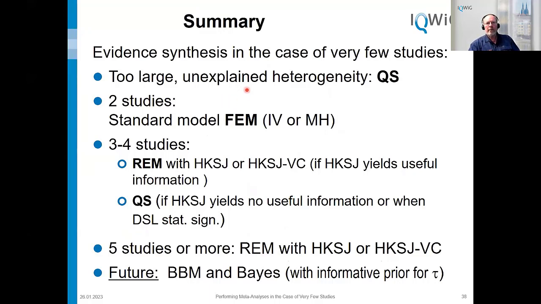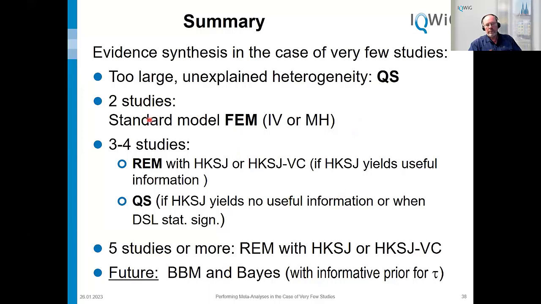Evidence synthesis in the case of very few studies is problematic. In any case, if there's too large unexplained heterogeneity, you have to perform a qualitative summary of study results. This is the same also when you have many studies. But if you have only few studies, you have additional problems.